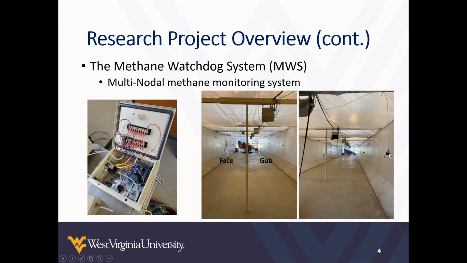The sample would be pulled through the filter, up through the sampling tube and into the unit where the sensors are located. In our test setup, we use pumps to pull the samples through the units, but we proposed a different method to be used in a mine, which I'm going to talk about in a second.